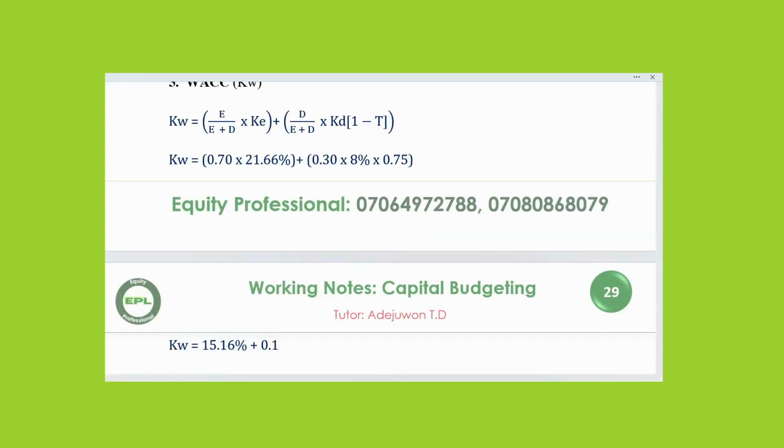No, 0.018. It's 1.8. Why 1.8? Are you confusing yourself? I've told you severally, ignore the percentage. We have calculations on this basis. We did traditional work.